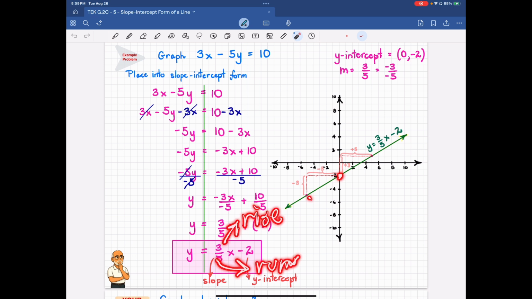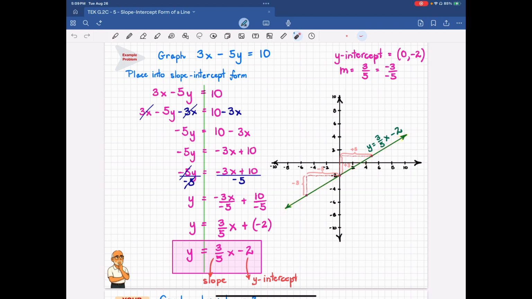And so what I'm going to do is I'm going to go up 3/5, up 3/5. And each time I get a new point for my line. So I connect these points together, making the line y equals 3/5 x minus 2.